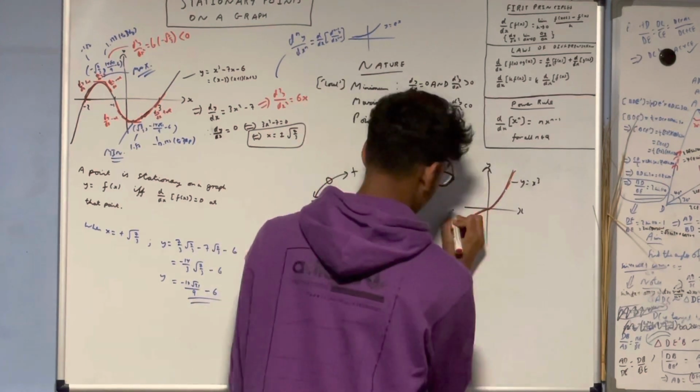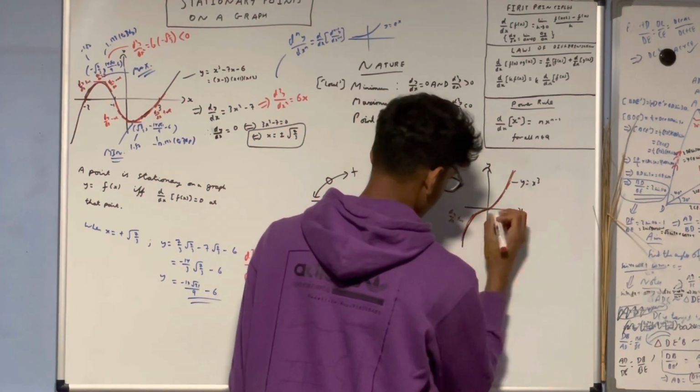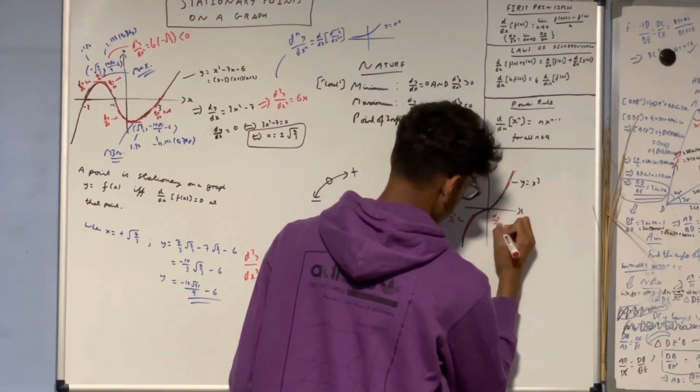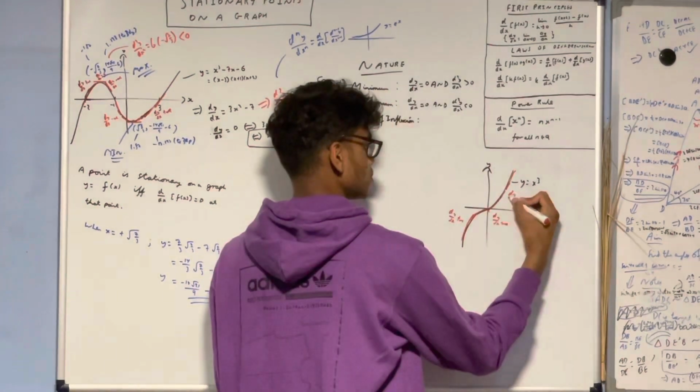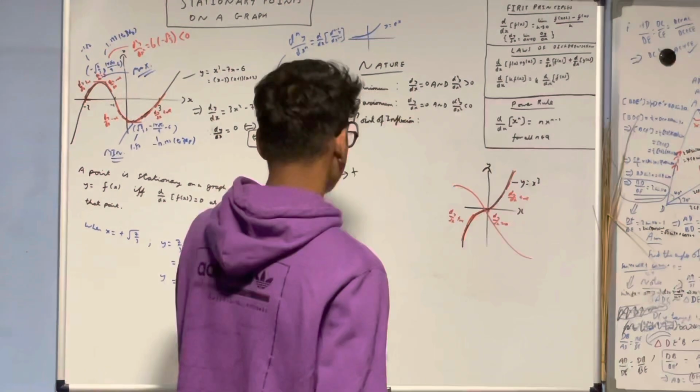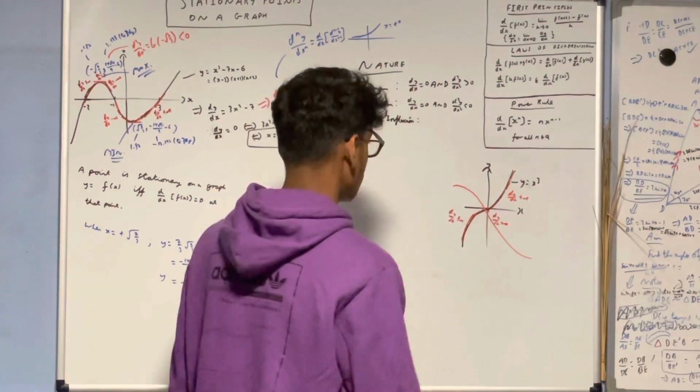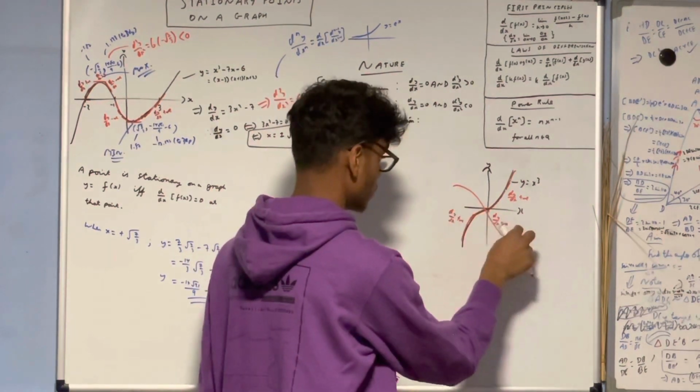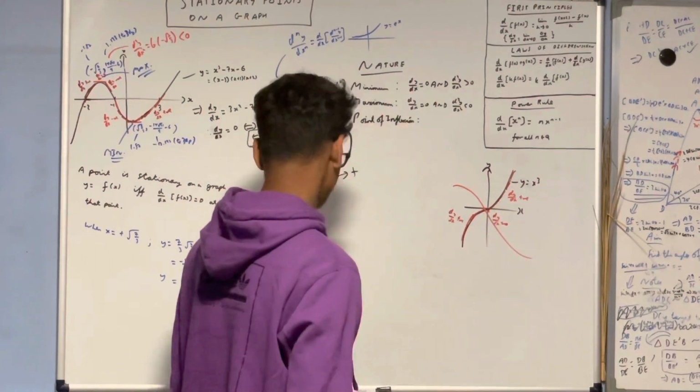So here dy by dx is positive, then it goes to 0, but then again goes to dy by dx being positive. This would also be a point of inflection if dy by dx was negative, then went to 0, and then became negative again.